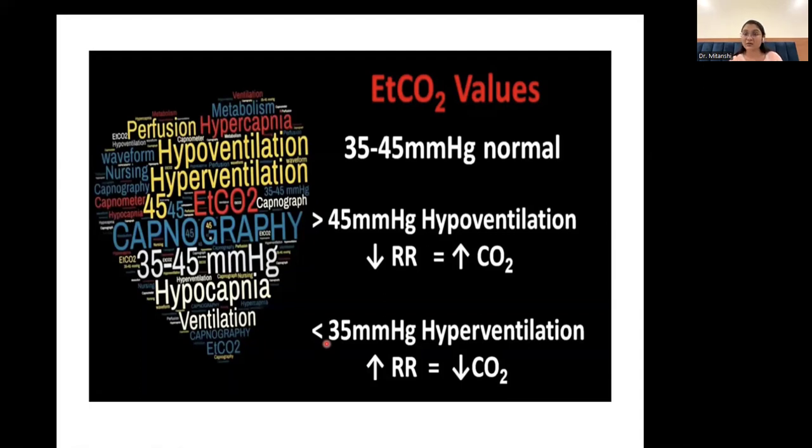While if I'm breathing fast and respiring out excess CO2 volumes, that means I'm hyperventilating. My CO2 levels will be low in my body, and that will show my EtCO2 values are also less, less than 35 mm of mercury.